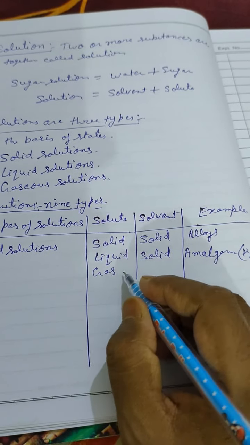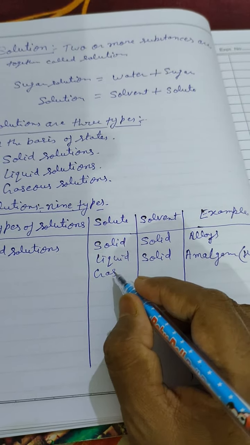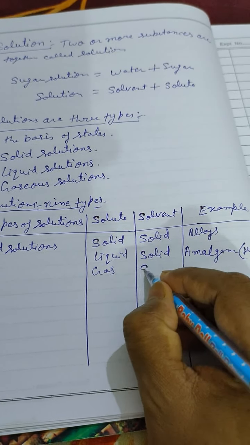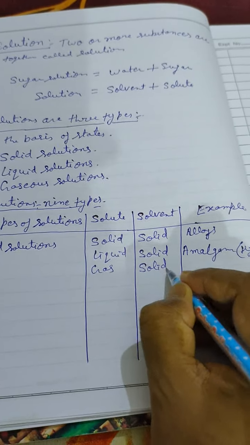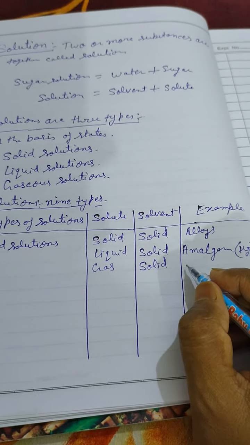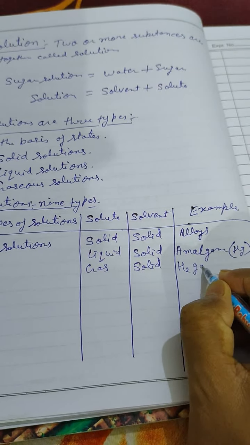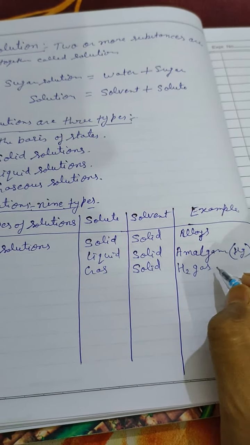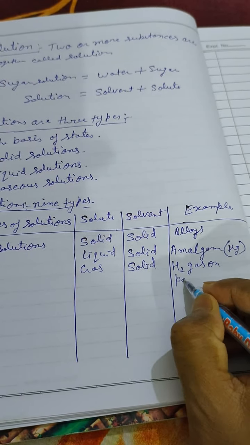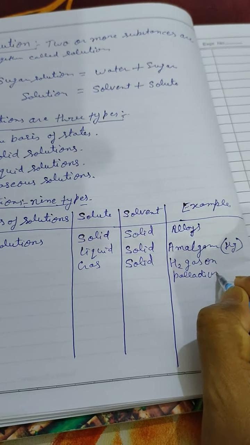Next, a less amount of gas dissolves in solid solvent. Solid mixed with gas. Here the example is hydrogen gas on palladium metal.